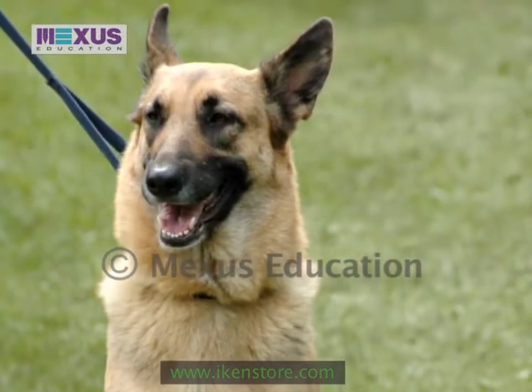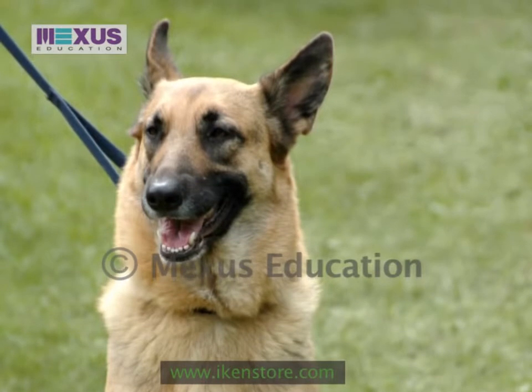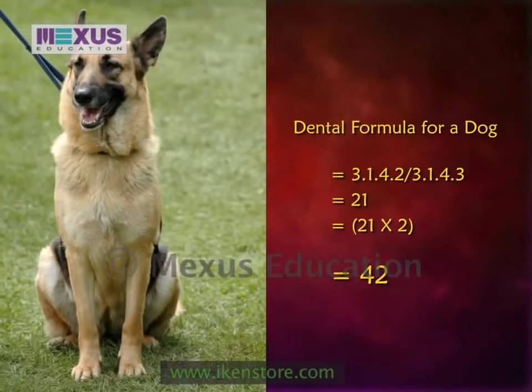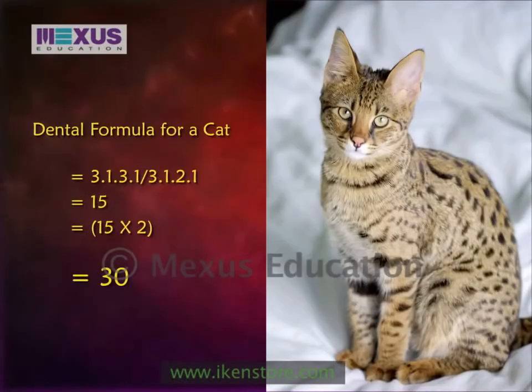The number of teeth according to the dental formula for a dog are 21. Thus, the total number of teeth in a dog are 21 multiplied by 2, that is 42. Let's take another example, the dental formula for a cat. Here, the total number of teeth in a cat are 30.